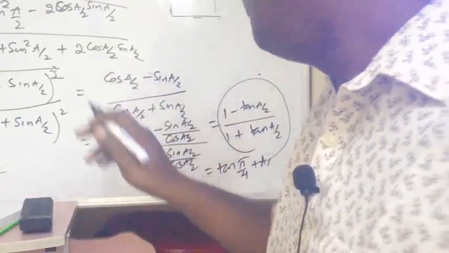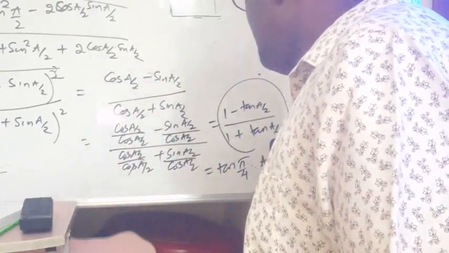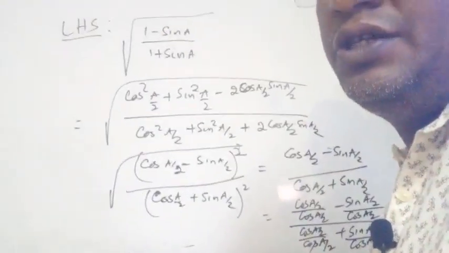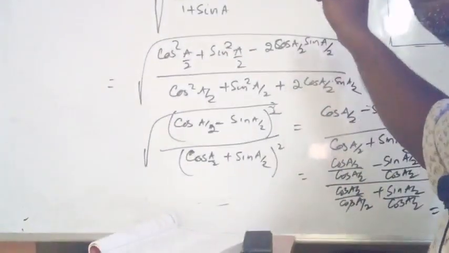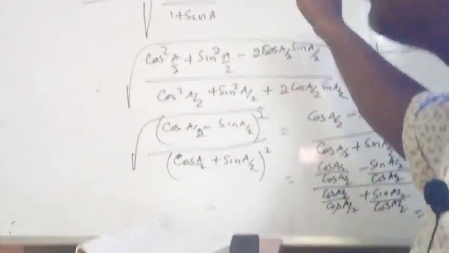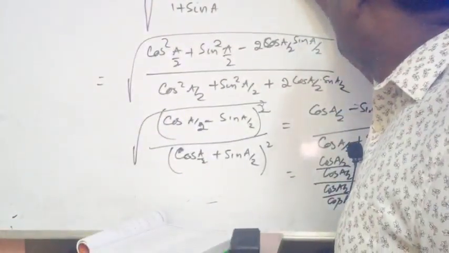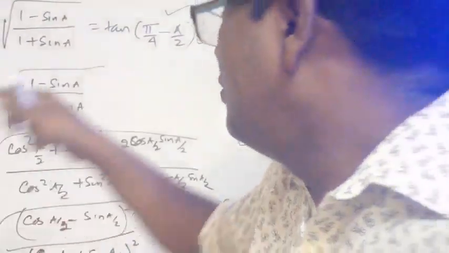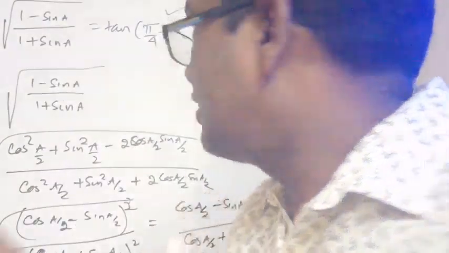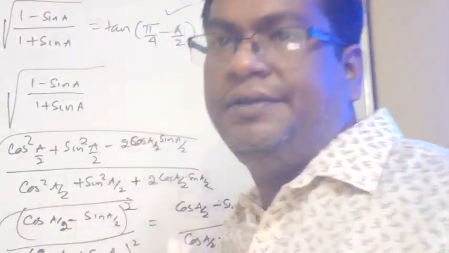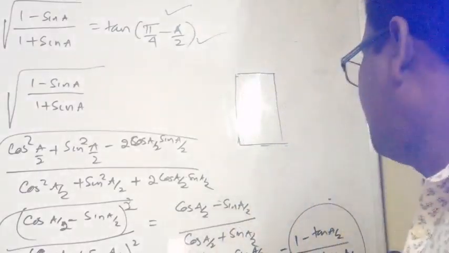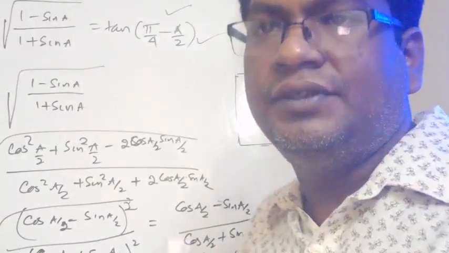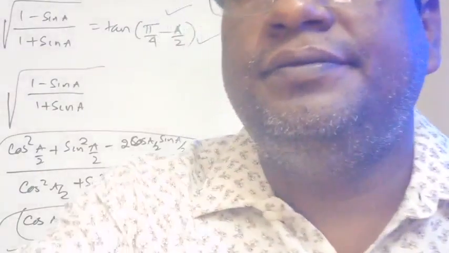Make a correction: the correct expression is tan of pi by 4 minus a by 2. Clear? The correct expression has a minus sign, which is equal to the RHS. Clear?